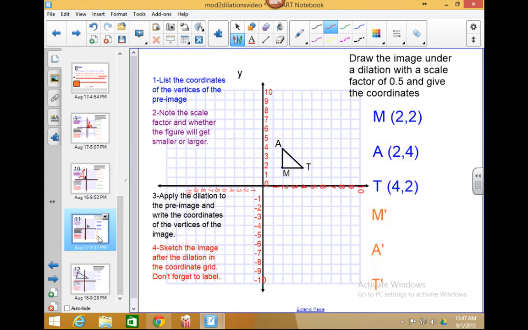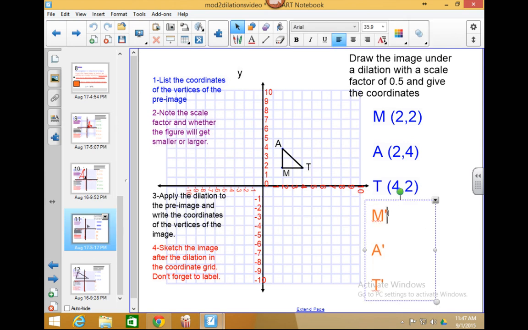We're going to look at 2 more examples. These 2 are going to actually get smaller. Okay, so I started you off and I already listed the coordinates of the vertices of the pre-image. Number 2 says, will it get larger or smaller? Well, because of my scale factor of 0.5 or 1/2, it's going to get smaller because that number is smaller than 1. So my first step is actually number 3, which is apply the dilation.